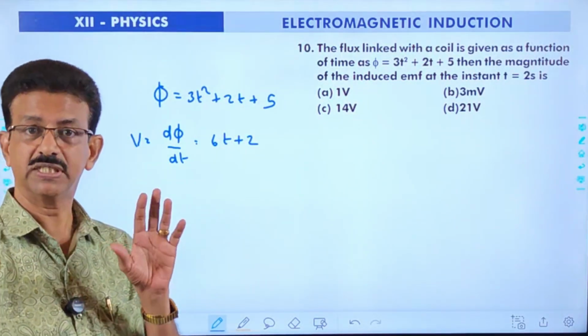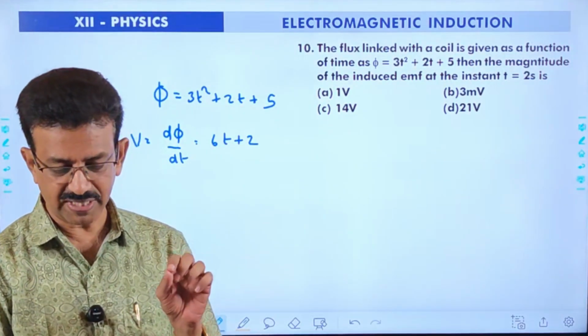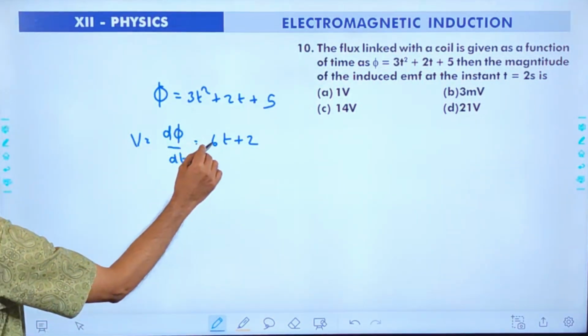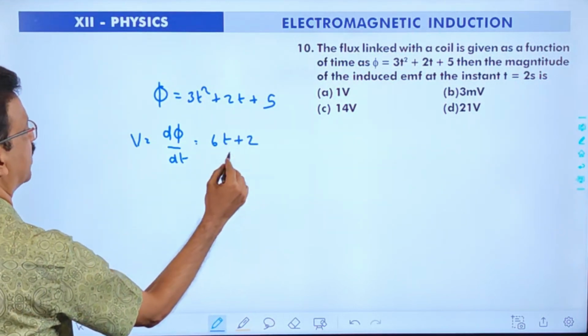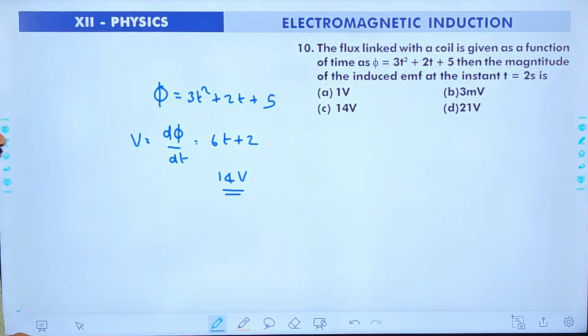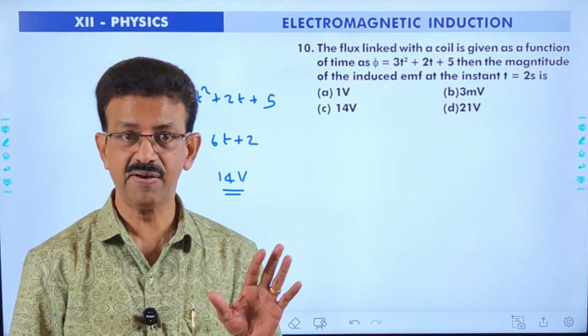The EMF induced is 6t plus 2. And here, the magnitude of the induced EMF at the instant t equal to 2 seconds: 6 into 2, 12 plus 2, 14. Therefore, the EMF induced in the circuit is 14 volt.